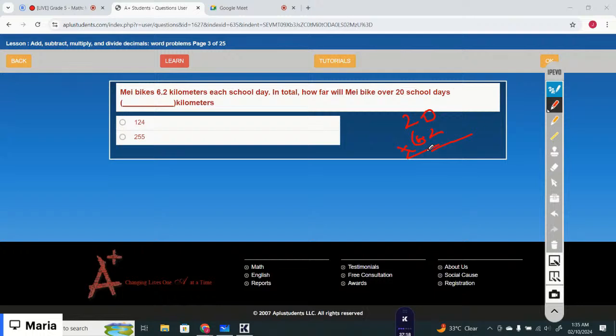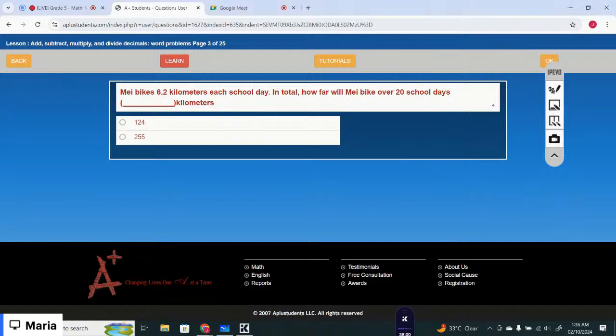So which is the correct option? The correct option is 124 kilometers.